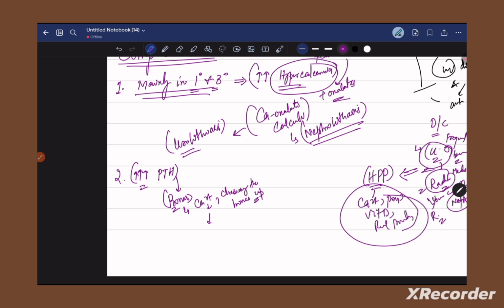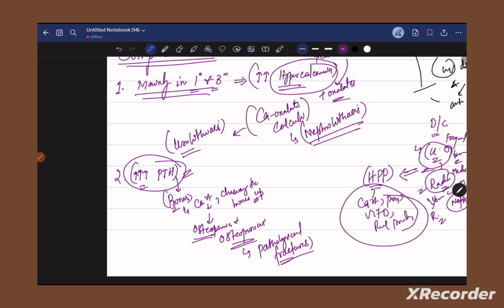So there will be osteopenia and osteoporosis. In hyperparathyroidism cases you will see osteopenia and osteoporosis, and with these you will see a frequent incidence of pathological fractures.